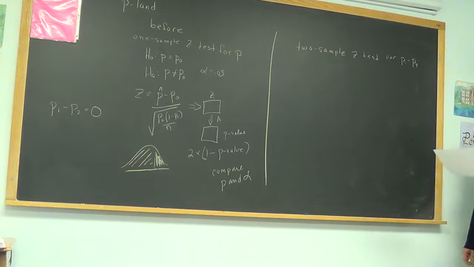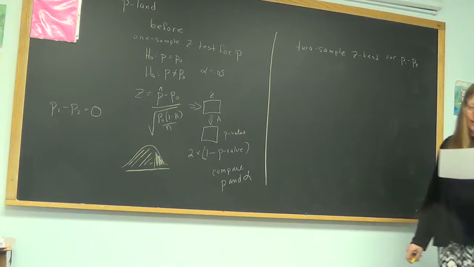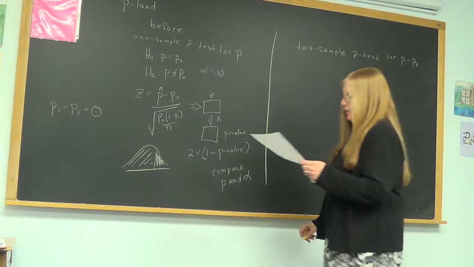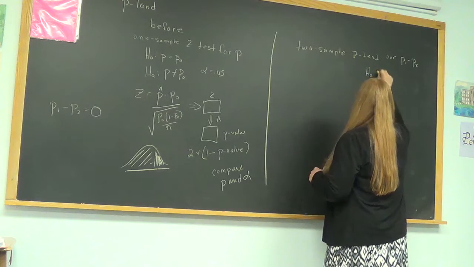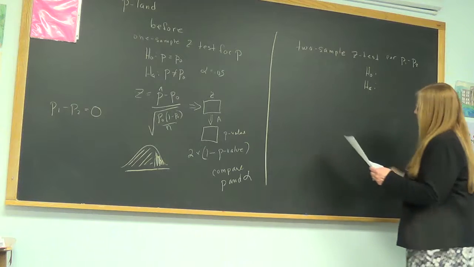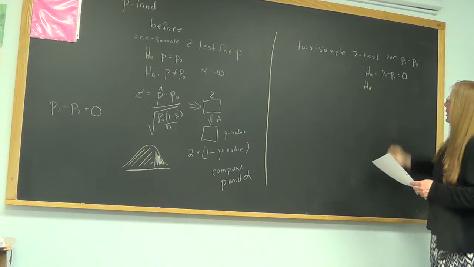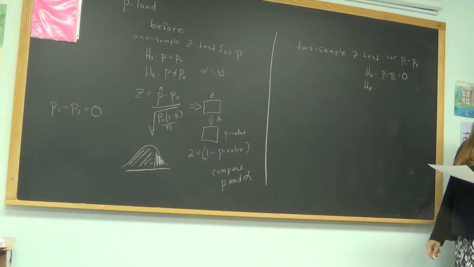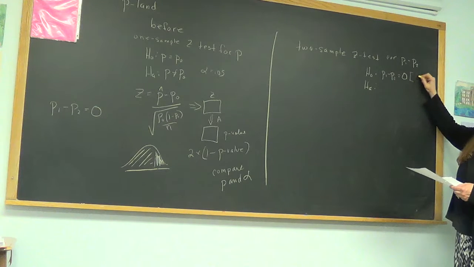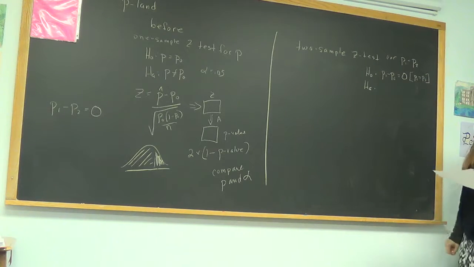All right, 2 sample Z test for the difference between 2 proportions. You'll recall that first we set up a hypothesis and then we check RIN. The null hypothesis is P1 minus P2 equals 0, or another way you'll see it stated is P1 equals P2.